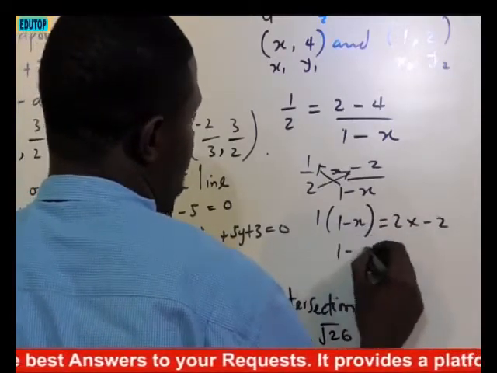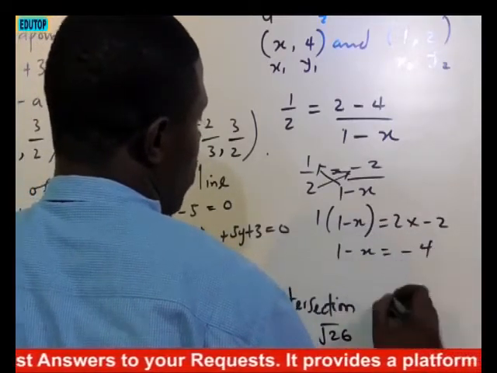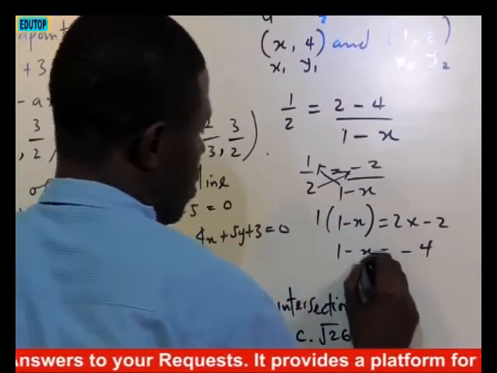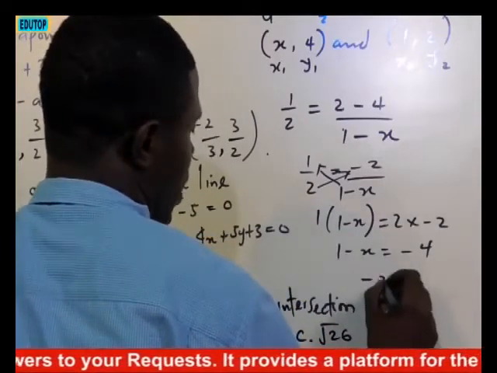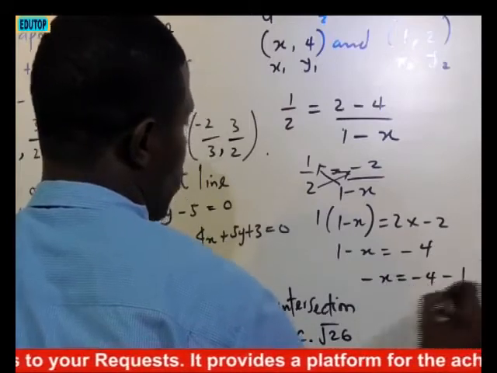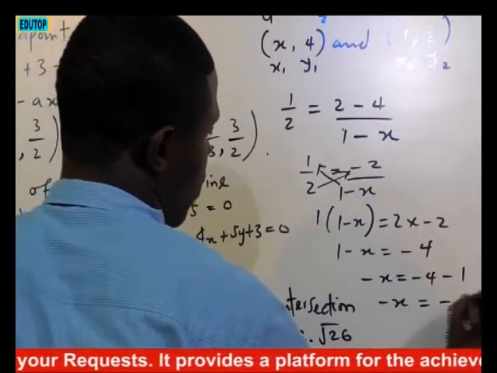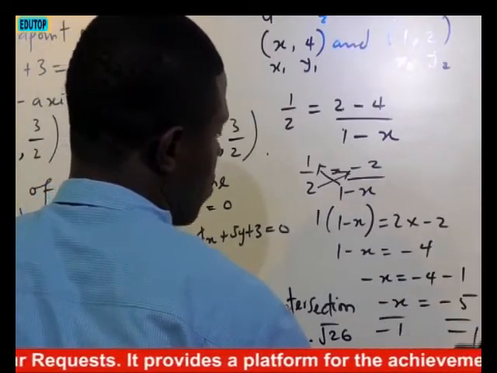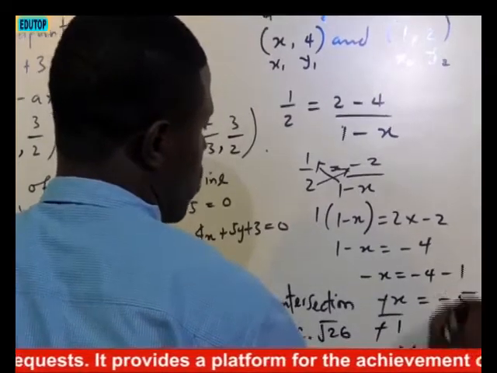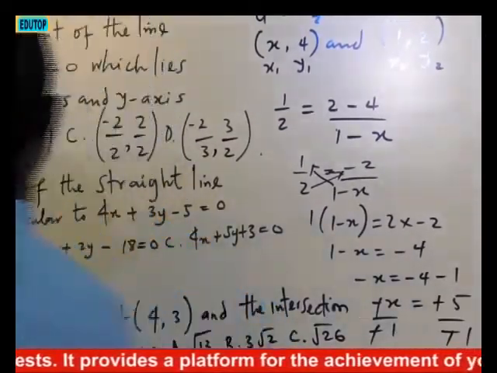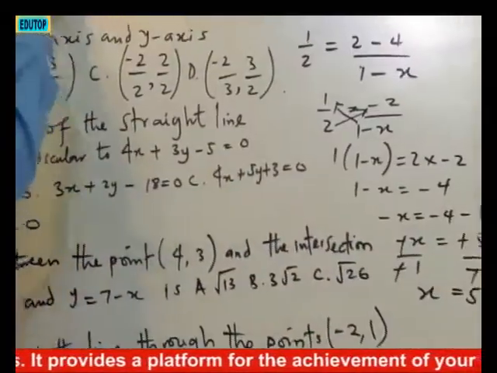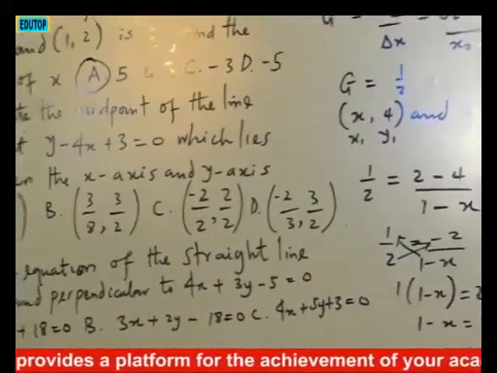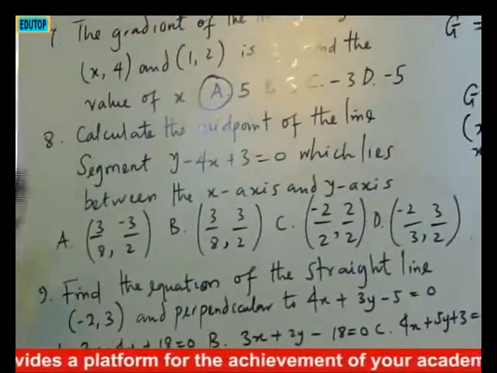This is 1 minus x equals minus 4. Then collect like terms, transfer this to the other side. You have minus x equals minus 4 minus 1. That's minus x equals minus 5. Let's divide by minus 1. Now x equals 5. So going to our options, that is option A for question 7.